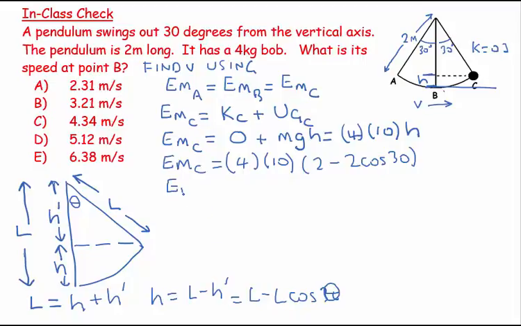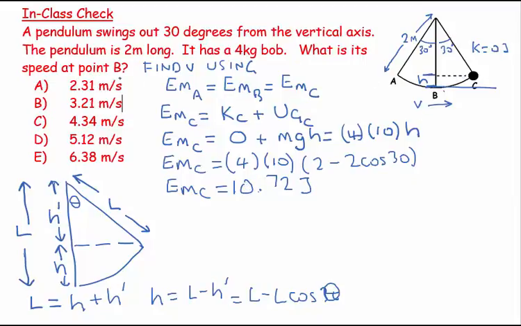So EMC equals 80 minus 80 cosine 30. 4 times 10 is 40, times 2 is 80. So this equals 10.72 joules. That's the amount of mechanical energy I have in my system.